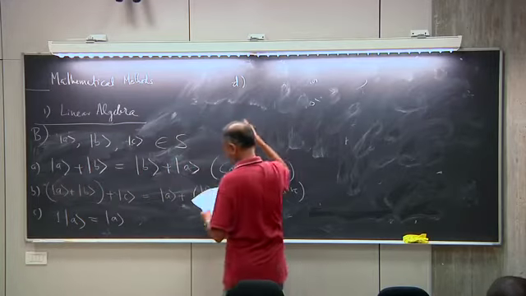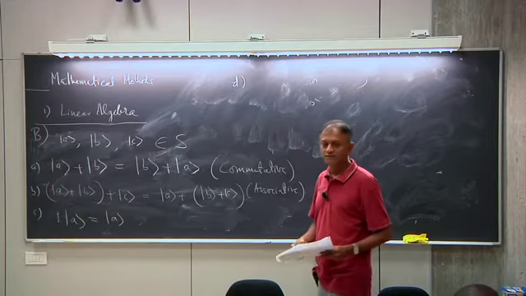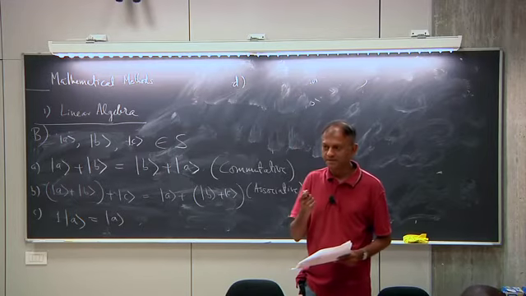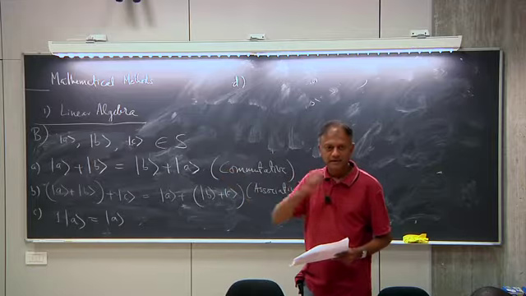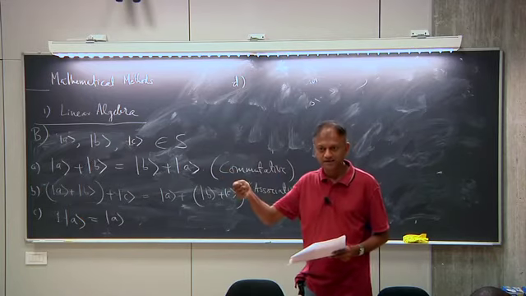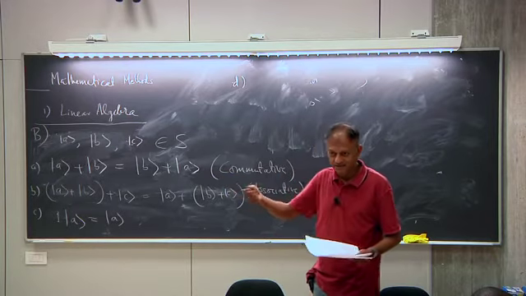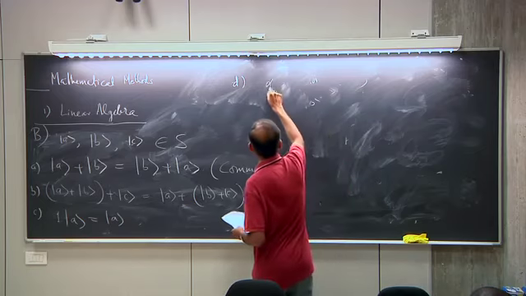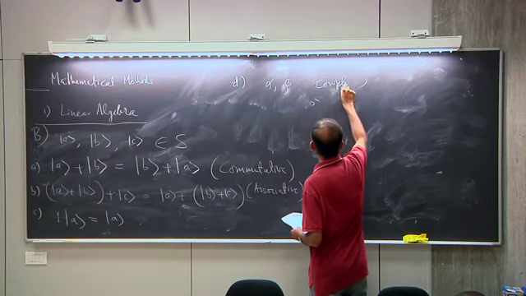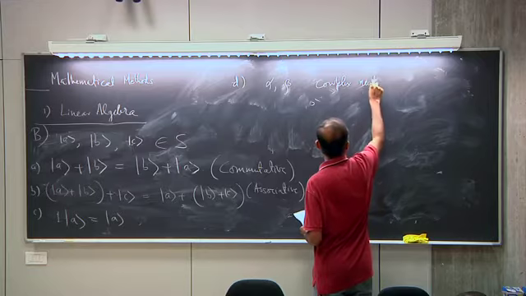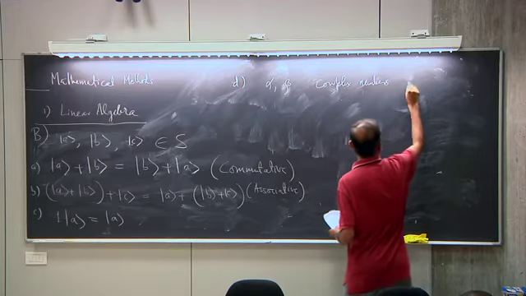Then another thing, you can ask the question, suppose I have 2 numbers, alpha and beta. Suppose I first multiply by beta, which is some vector, then I multiply by alpha to the resulting vector. So I take alpha, beta, 2 complex numbers, and A is a vector.